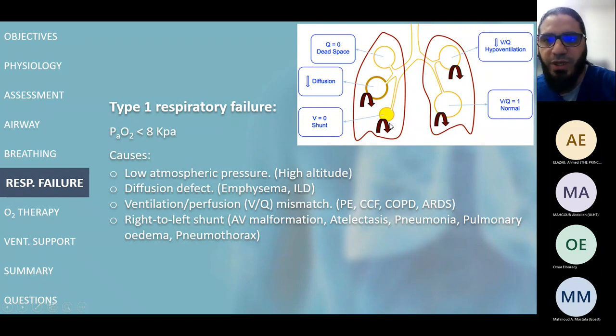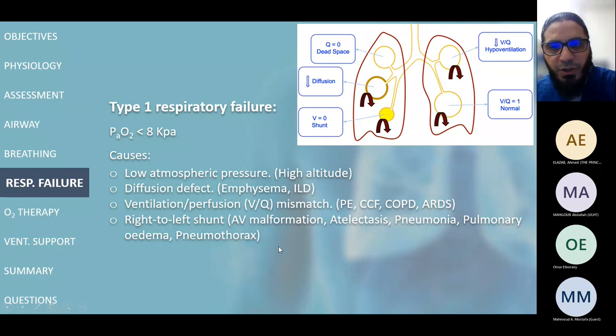And on the lower right base, you can see a collapsed alveoli. It's well perfused. So overall, this right lung has a VQ mismatch. The ventilation and the perfusion are not matching at all. This can happen with pulmonary embolism, heart failure, COPD, ARDS, and a variety of other causes.